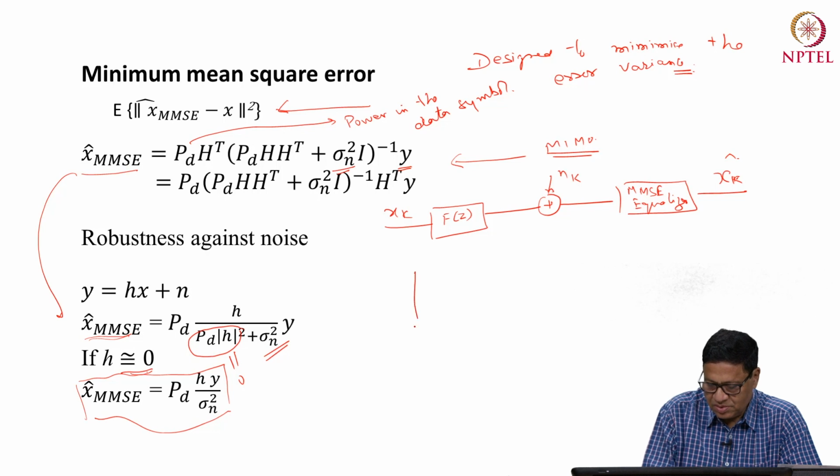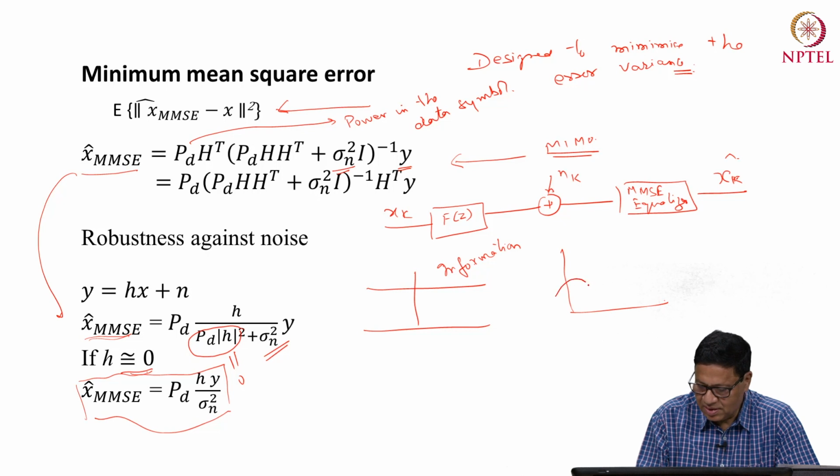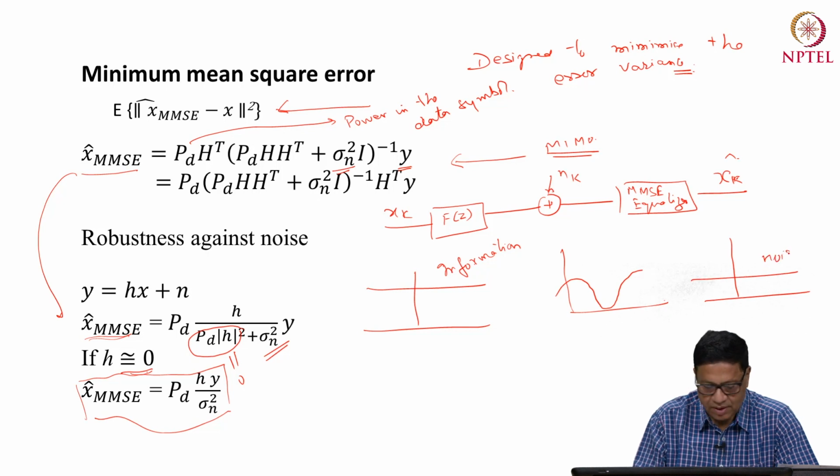Suppose this is your data information, and the channel has a characteristic something like this, and this is the noise here. So the equalizer characteristic will be something like this. It will not go to infinity now.